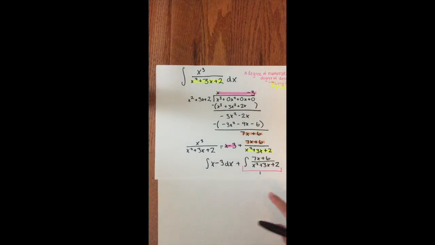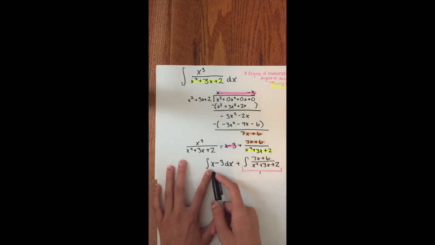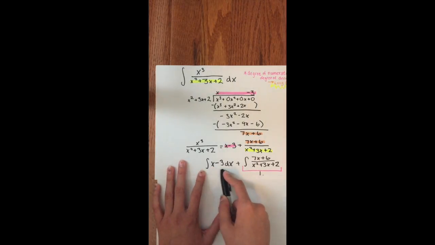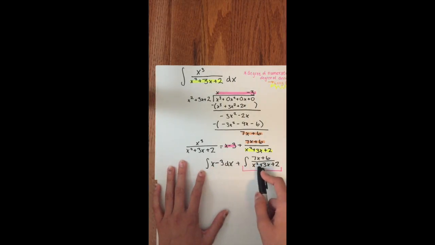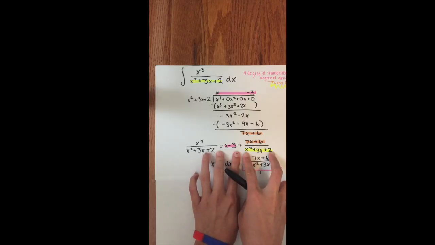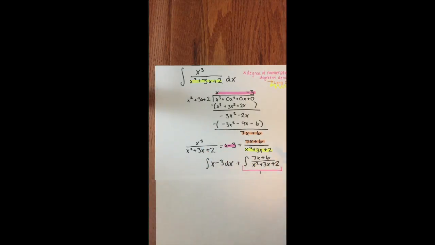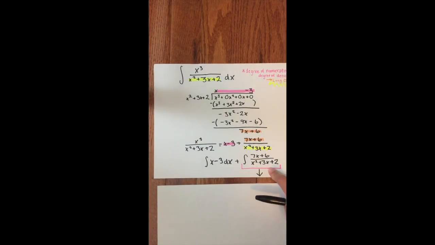So now we're going to carry on with taking the integral. We're going to take the integral of x minus 3 dx and the integral of 7x plus 6 over x squared plus 3x plus 2. So we just broke these two phrases up, but we'll be focusing on this one initially.